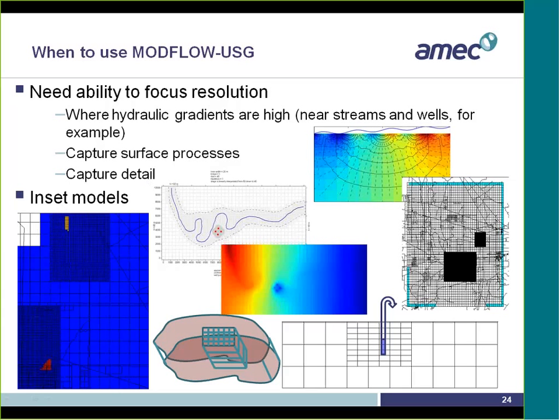You could have nested models, so you may have smaller models within larger domains. You could capture detail of partially penetrating wells, for instance, or partial flow barriers if you may have those.